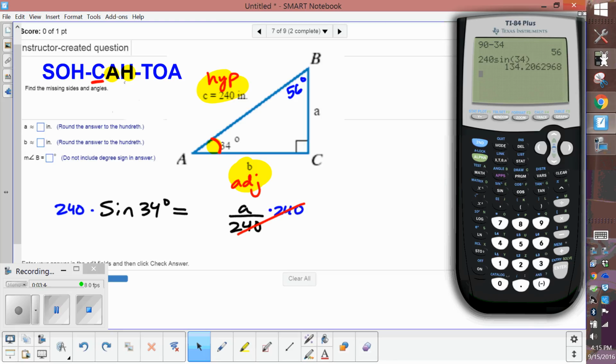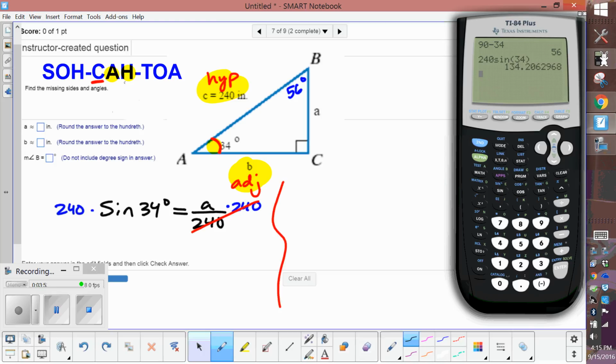Get this out of the way. I'll move these so I have room to write here. And here's where I'll do the second part. Cosine of 34 degrees equals little b, my adjacent, over 240.